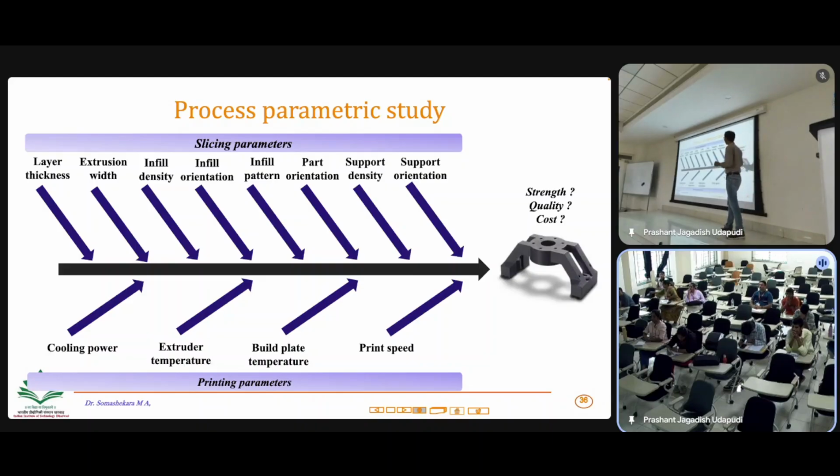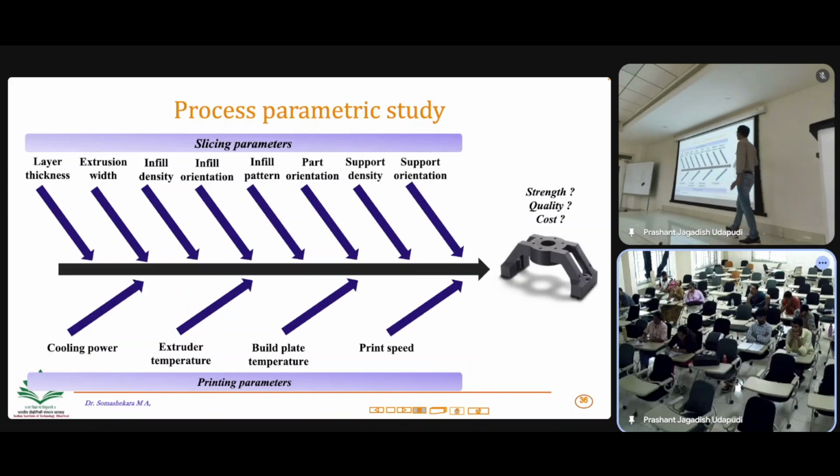You are not deciding something later or during the printing. You are deciding before you even transfer the file to the machine, because the file that you transfer consists of all these parameters.